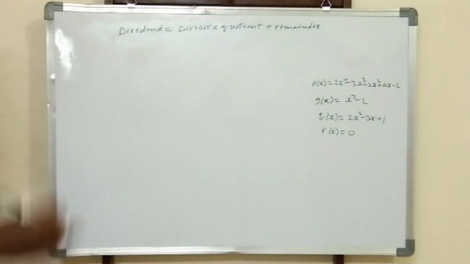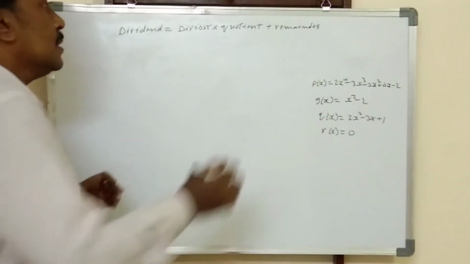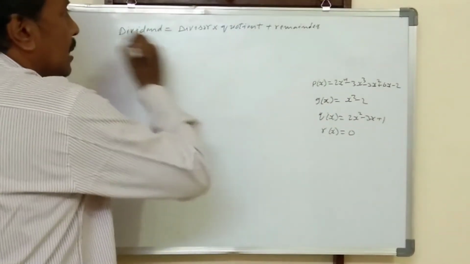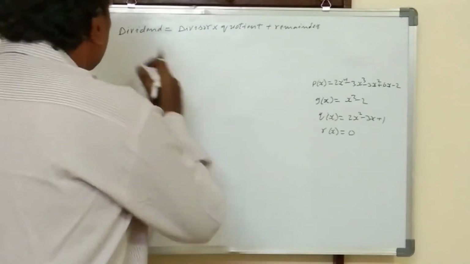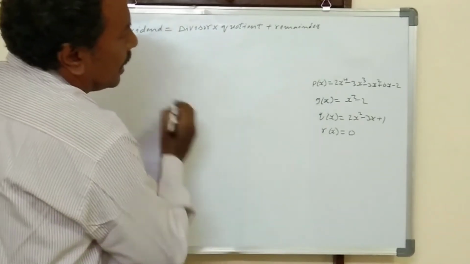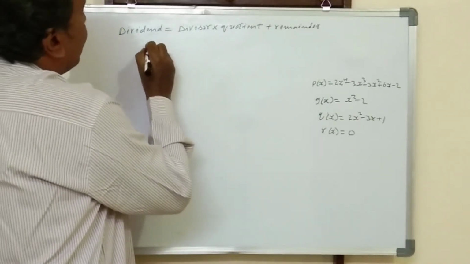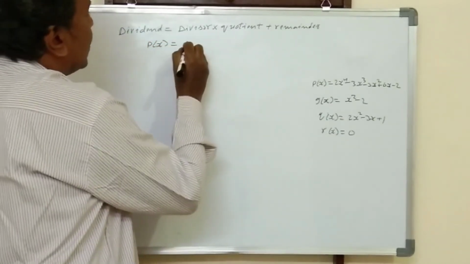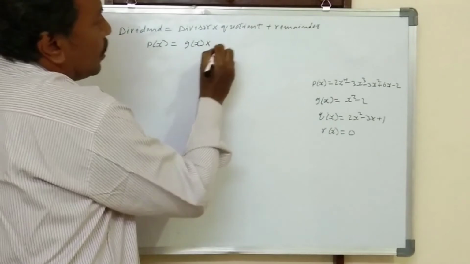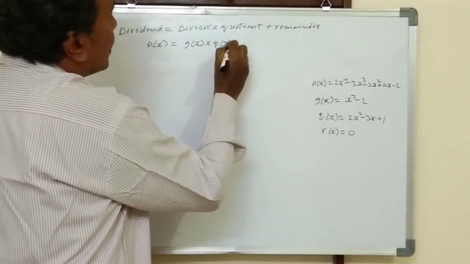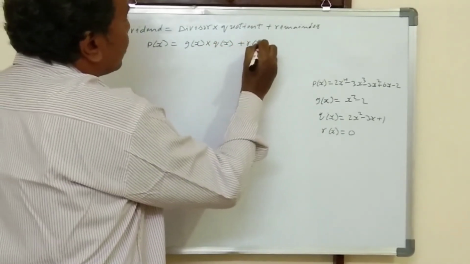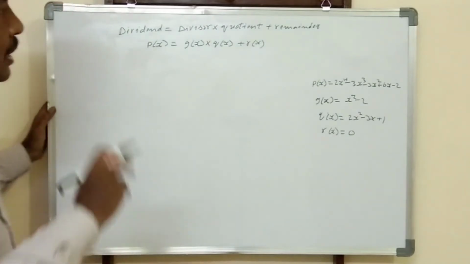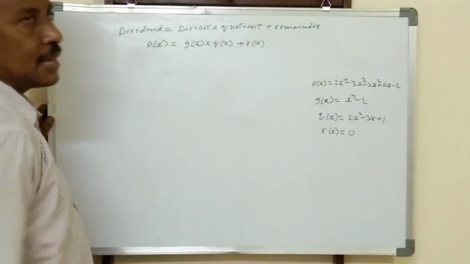That means to verify whether our division is right or wrong, it should satisfy this. The dividend is p(x), and the divisor is g(x) into q(x) plus r(x). So p(x) is equal to g(x) into q(x) plus r(x).